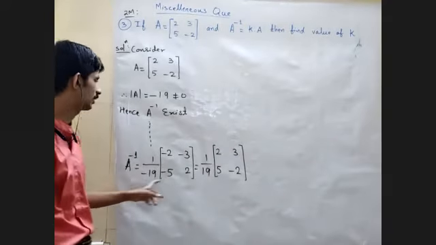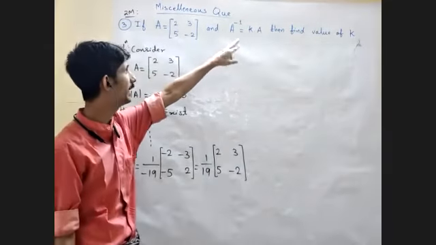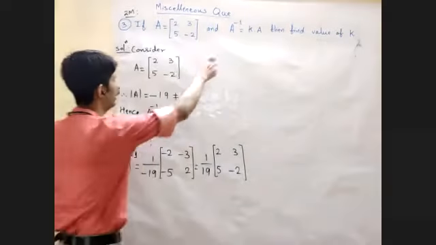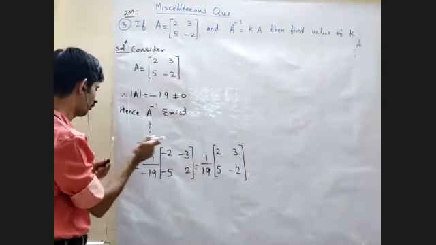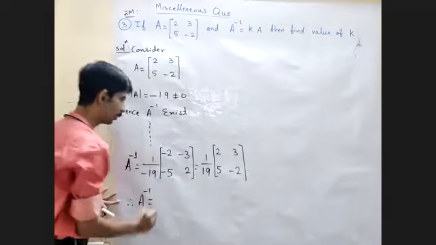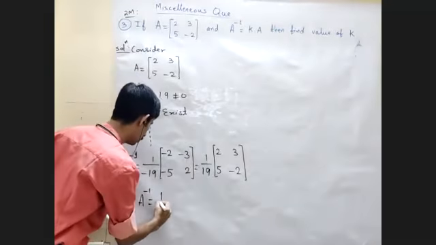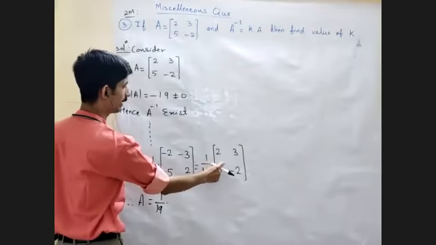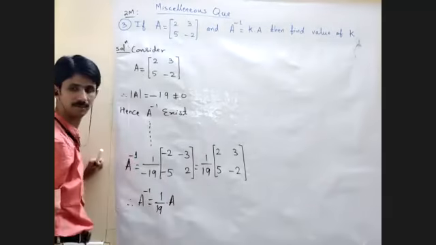ये हमारा A inverse. But वो क्या बोल रहा है? A inverse is equal to K into A, and then we want to find out the value of K. उसने क्या देके रखा है कि A inverse is equal to K into A, right? तो आप लिखो therefore, आगे देखो, therefore A inverse is equal to, okay, now if you observe, A inverse is equal to 1/19 into this matrix. ये जो matrix है, this itself is nothing but matrix A. Please check.